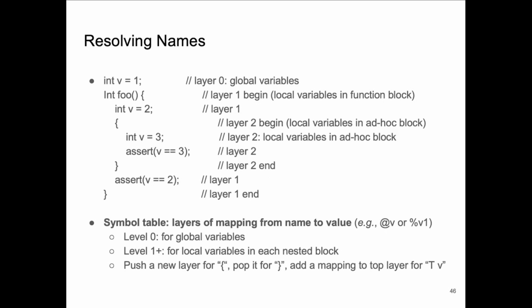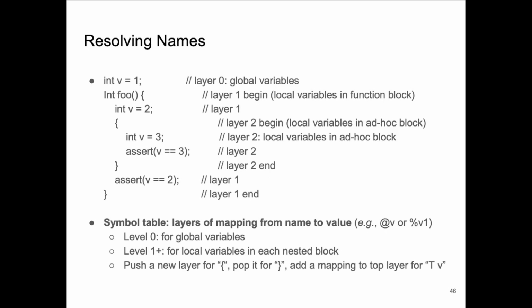And if you're going to declare a variable, then you're going to add the mapping. For example, v should point to some location, let's say &v1, in the top layer. And if you're going to reference the variable like v here, then you're going to consult the highest layer's mapping, and see what's going to be the meaning of the variable v here.